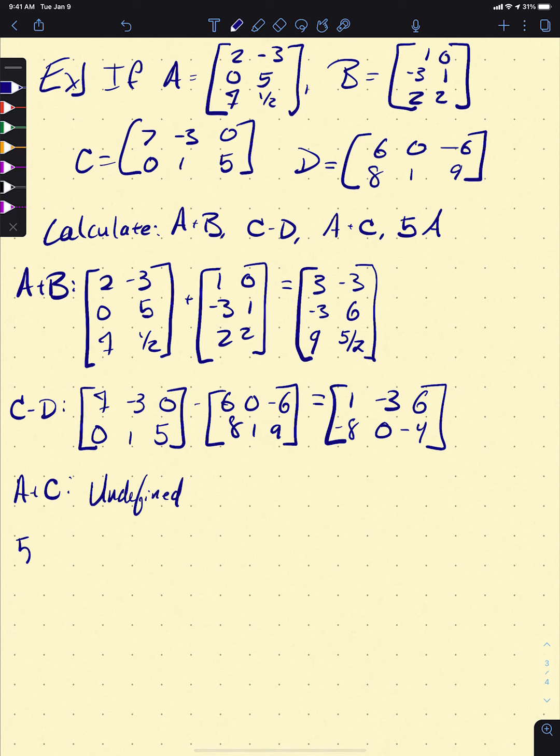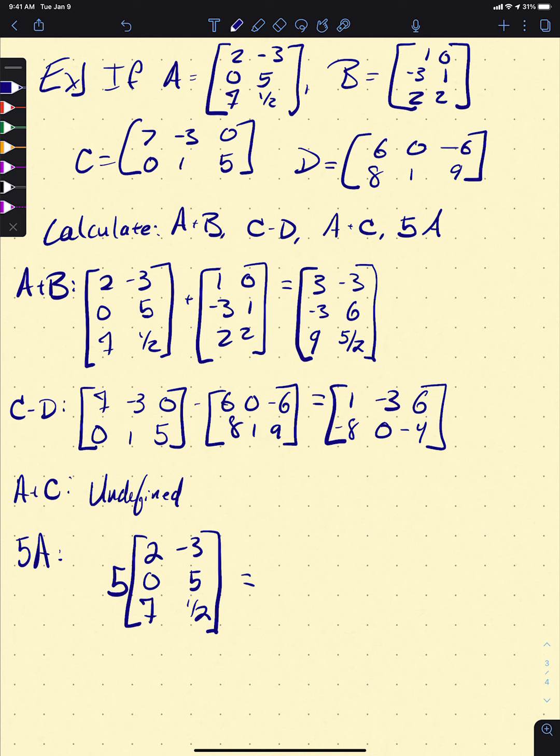Turning our attention to the last one, we're being asked to calculate 5 times A, okay? So we'll write down our little scalar and then our matrix. We have 2, negative 3, 0, 5, 7, 1/2. And if you remember, when we're doing this sort of scalar multiplication, we're simply distributing this 5 into each of the components.